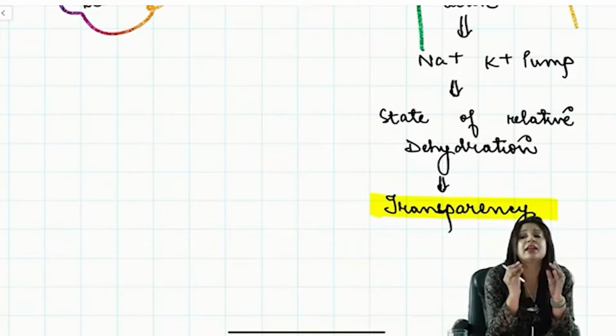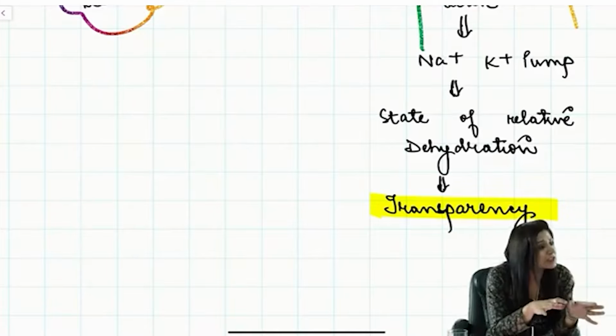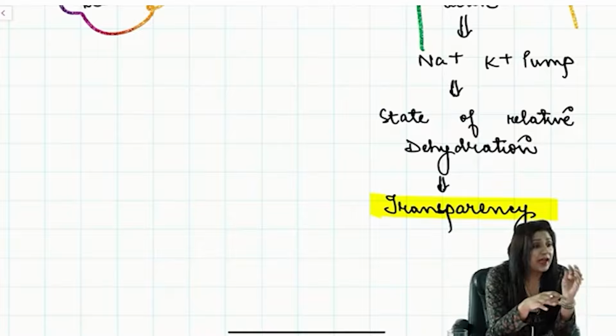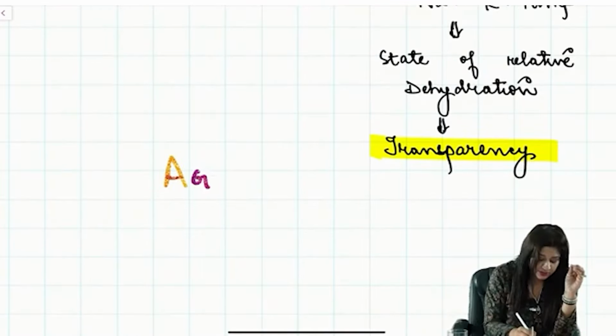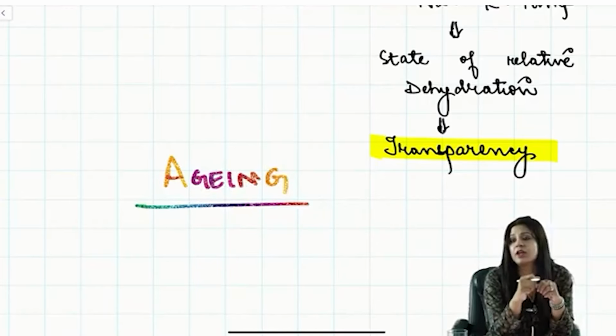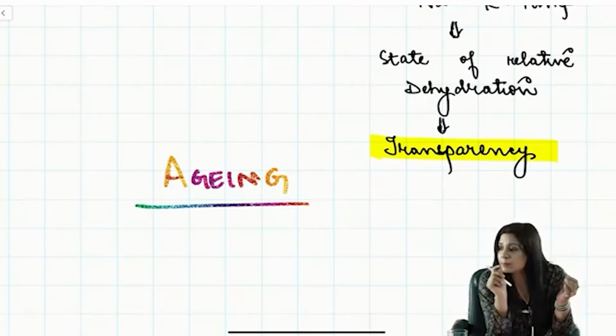So if anything happens to the cortex, metabolic activity decreases, then this pump is disturbed, then this transparency will not be maintained. And the most common cause for that is aging. अब aging एक universal process है. You cannot reverse aging. We cannot stop aging. We cannot prevent aging.